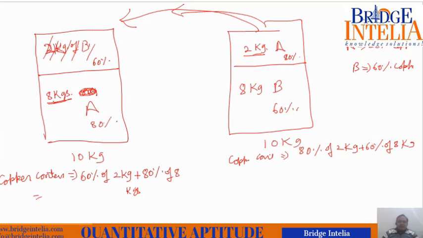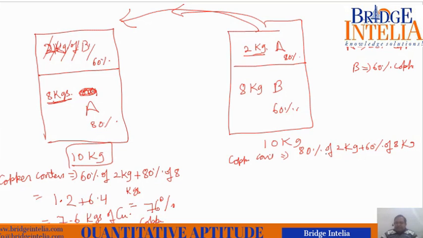So let's solve this copper content. 6 into 2, so 1.2 plus 6.4, so that is equal to a total of 7.6 kgs of copper. Which means 76%, because the total weight is 10 kg.